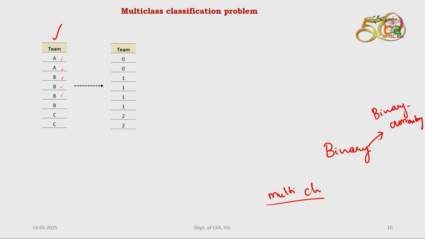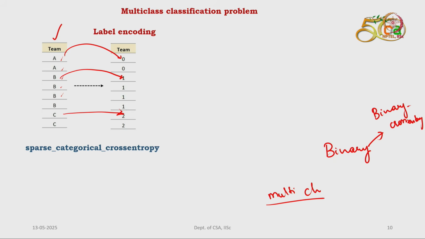A is converted to 0, B is replaced with 1 and C is replaced with 2. What exactly have we done? We have done something called label encoding. Whenever we do label encoding in your problem statement, we will be using a sparse categorical cross entropy loss. This is the loss function that we are going to use.